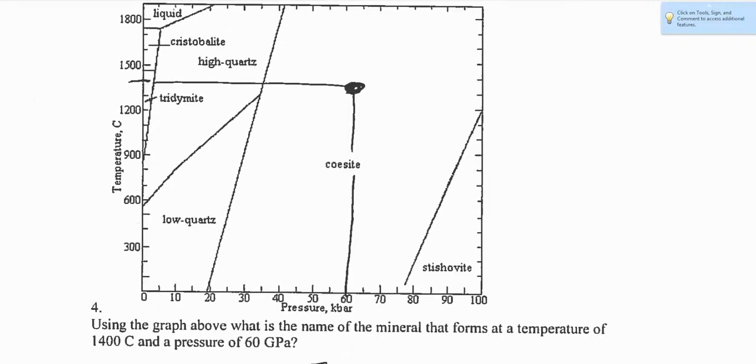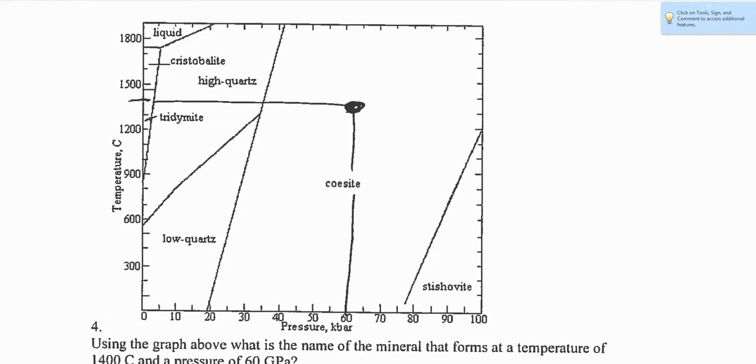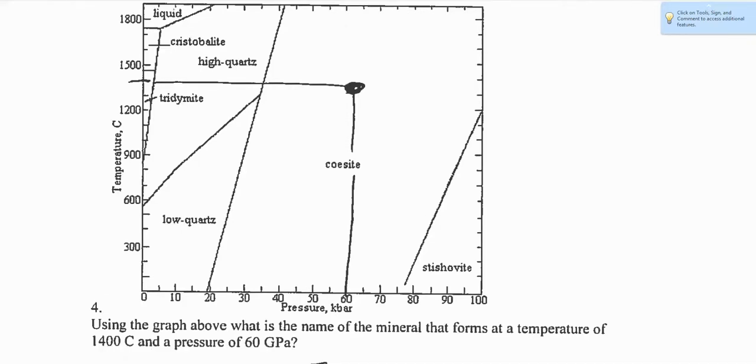Question 4 was pretty much just an XY graph. It says using the graph above, what's the name of the mineral that forms at a temperature of 1400 degrees and a pressure of 60 GPa, which is a Pascal, a unit of pressure.